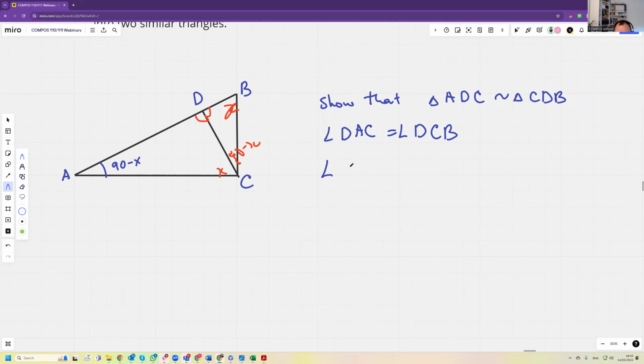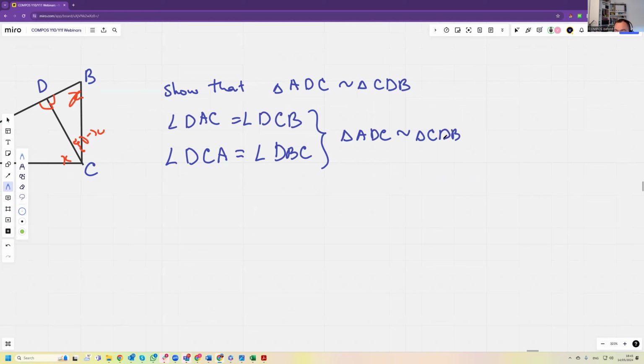Angle DCA is equal to angle DBC. Therefore, triangle ADC is similar to triangle CDB, and this is angle similarity.